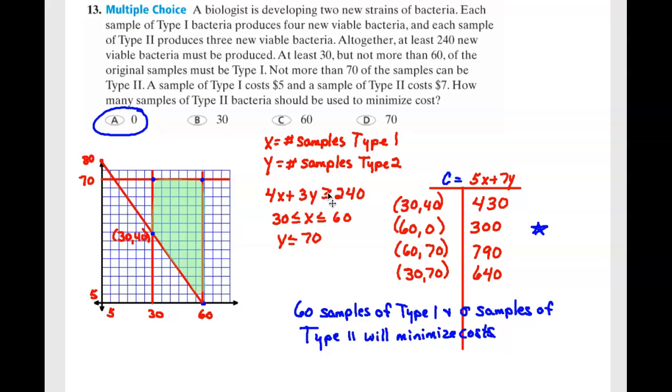So you have 4x plus 3y greater than or equal to 240. Giving you 4 vertices, which are identified in the table here. Finding their cost, we see that the minimum cost occurs at 60.0. Which would make sense because type 2 costs more than type 1.